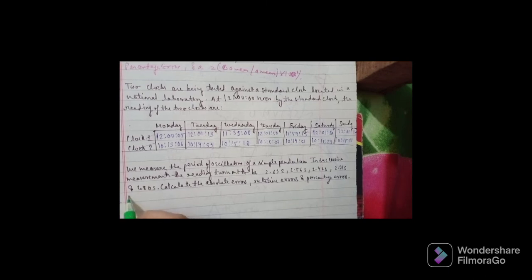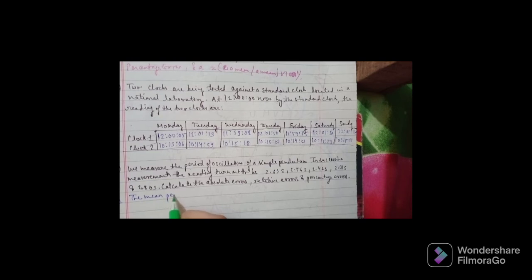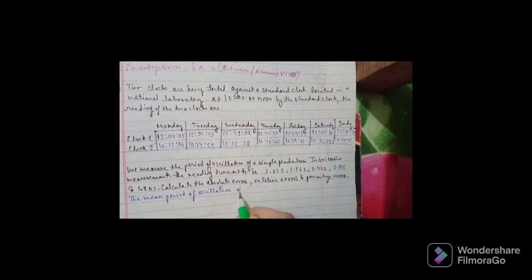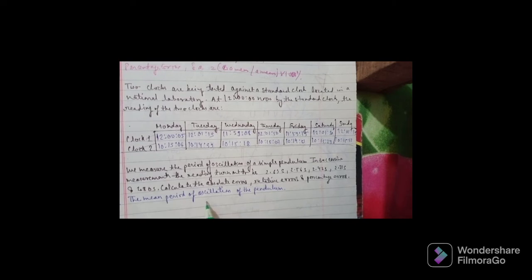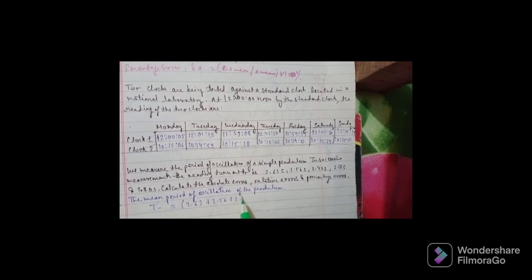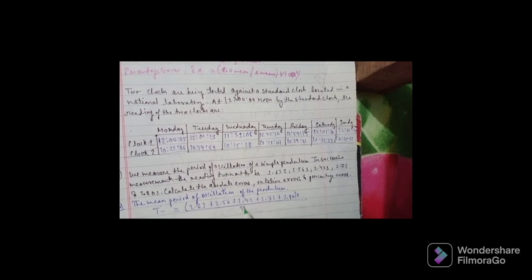So we find it out and we'll answer it here as well. The mean period of oscillation of the pendulum equals 2.63 plus 2.56 plus 2.42 plus 2.71 plus 2.80 seconds, divided by the number of readings, 5.